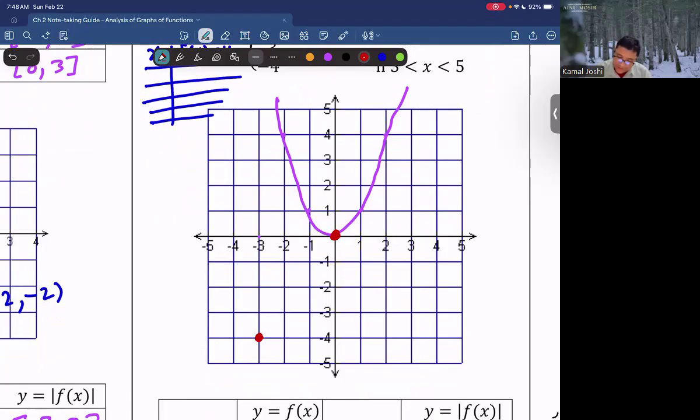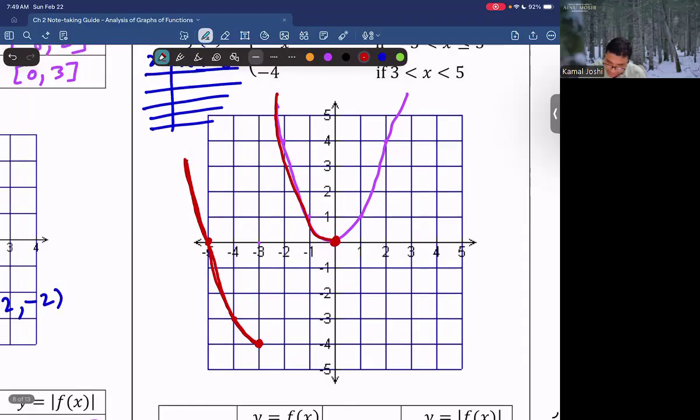So the part that gets copied, because we are saying x is equal or less than -3, is only this part. Okay. So 1 unit left, 1 unit up, 2 units left, you go 4 units up. So you should reach here. And then it will continue like that. So that's the part on the left. More freehand like that.